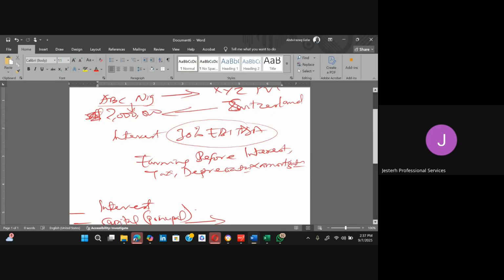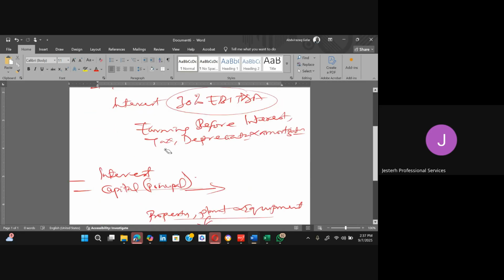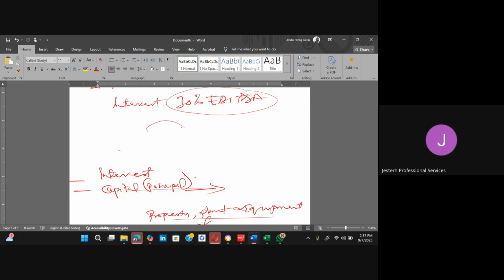But where the total interest incurred is more than 30% of your EBITDA, whatever excess you have, you can carry forward for an additional 5 years.